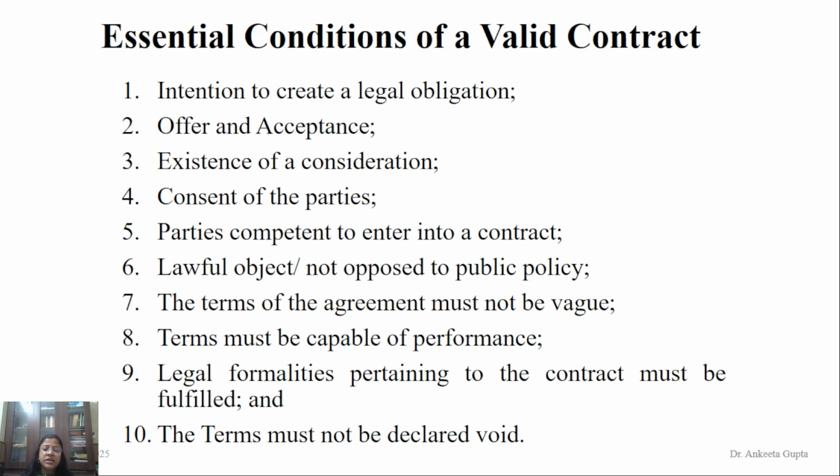Legal formalities pertaining to the contract must be fulfilled. For example, if the law states that a rent agreement is not complete until it is deposited with the specific office in that state, you cannot say that a valid contract has been entered into. And the terms must not have been declared void, which essentially means that the law should not have suddenly decided that we no longer want to agree to this particular concept.